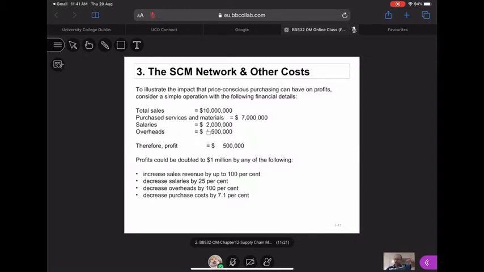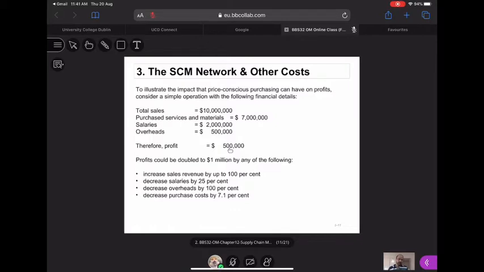The salaries that they pay to the employees to make the product, just say is $2 million. And there are some other overhead costs, whatever the transportation cost, whatever the storage cost and so on, is 500,000. So guys, the profit that this company make is 10 million minus 7 million minus 2 million minus 500,000, which is equal to 500,000.